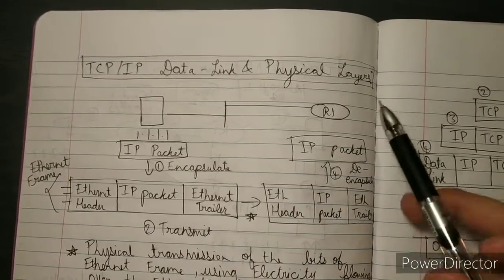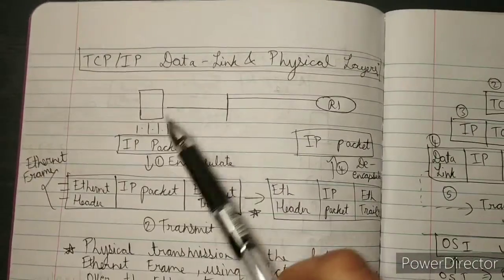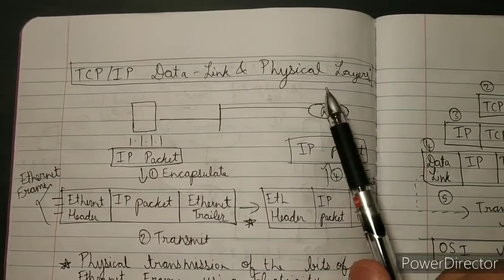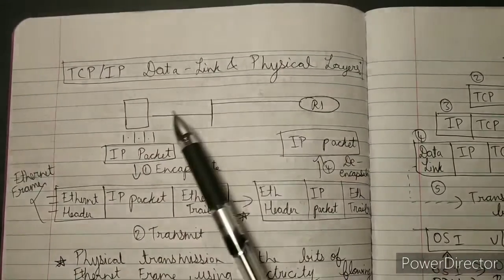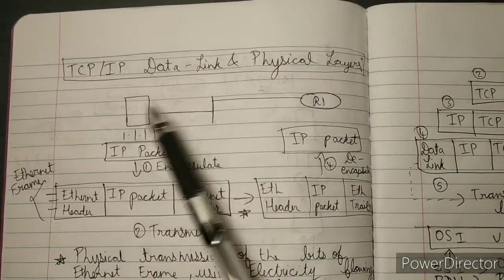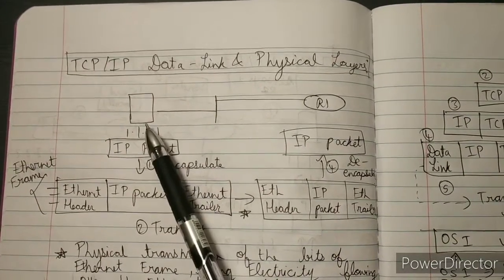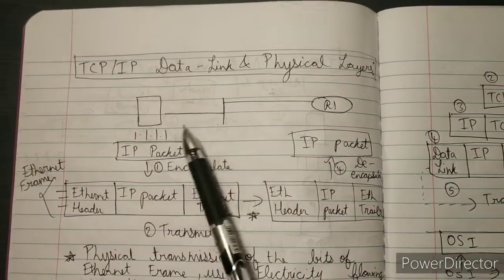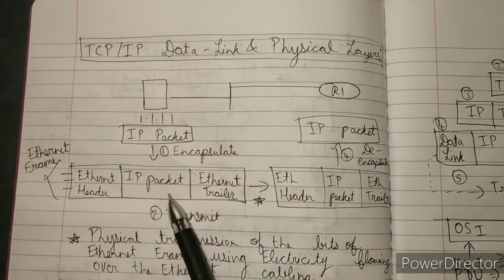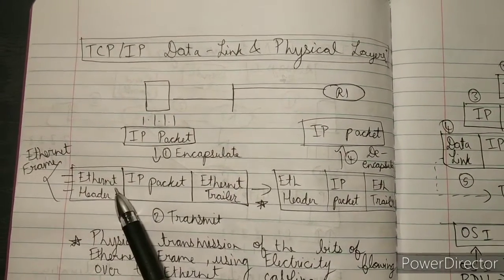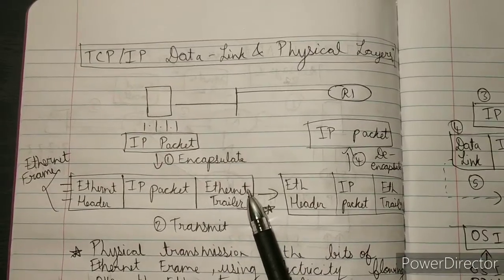The next layer we are talking about is the TCP/IP data link and physical layers. To understand this, we'll take the following example. Here the source sends the IP packet with the IP address of 1.1.1.1. The IP packet gets encapsulated using the Ethernet header and the Ethernet trailer.